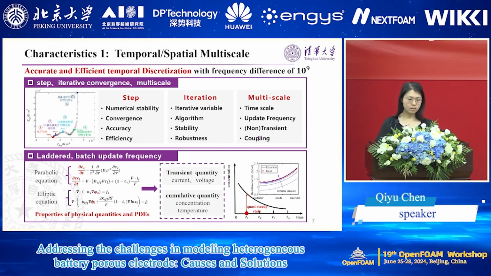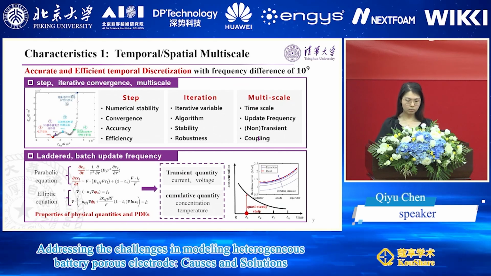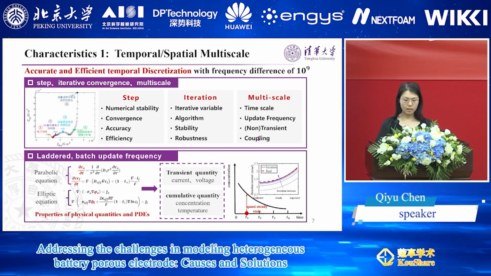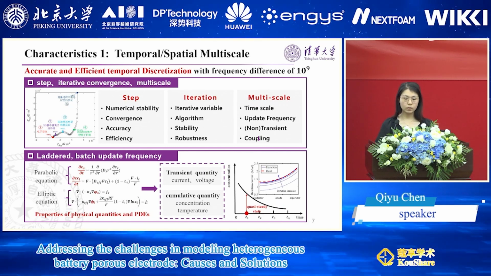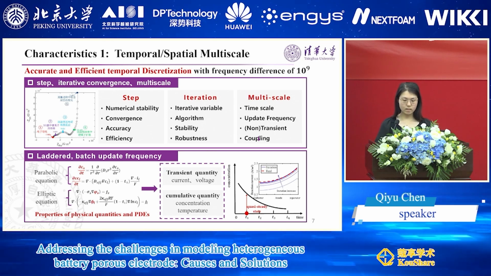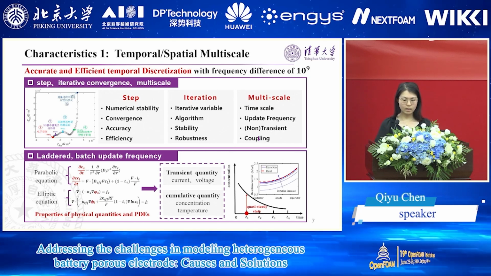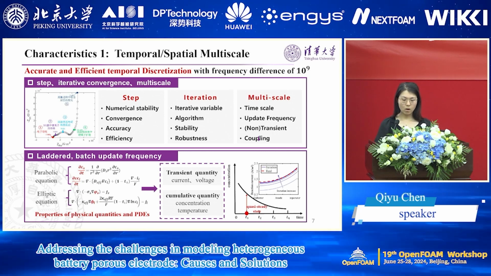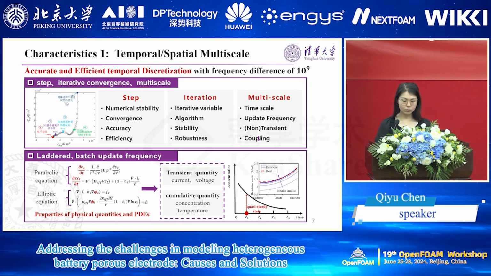The next is temporal multiscale. In terms of time, the potential changes caused by electron conduction within the battery occur at megahertz frequencies, while lithium-ion transport frequencies are in the millihertz range, with a difference of 9 orders of magnitude.